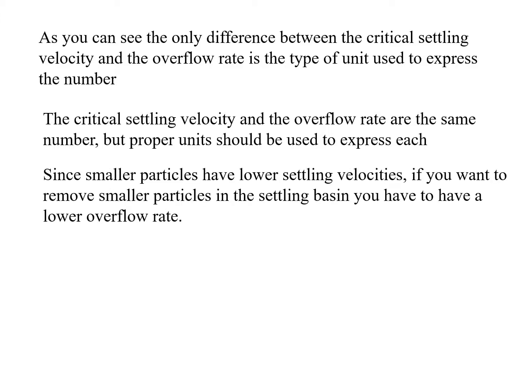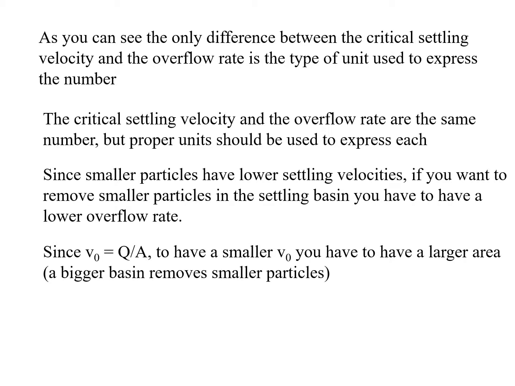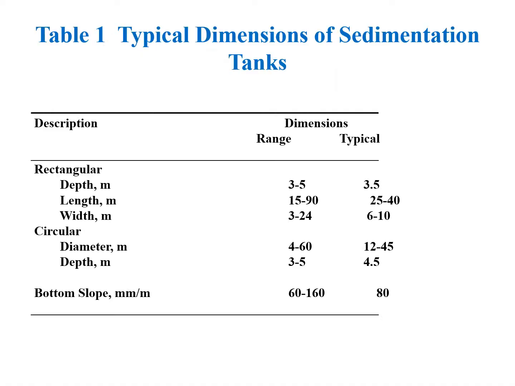Since smaller particles have lower settling velocities, if you want to remove smaller particles in the settling basin, you have to have a lower overflow rate. Since V initial equals flow rate over area, to have a smaller V initial, you have to have a large area. A bigger basin removes smaller particles.